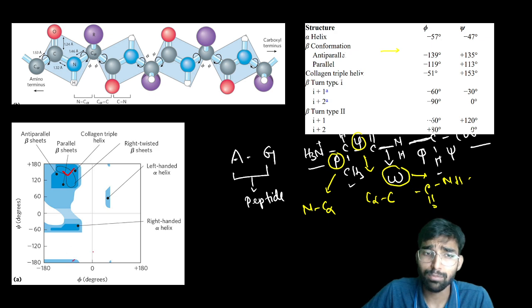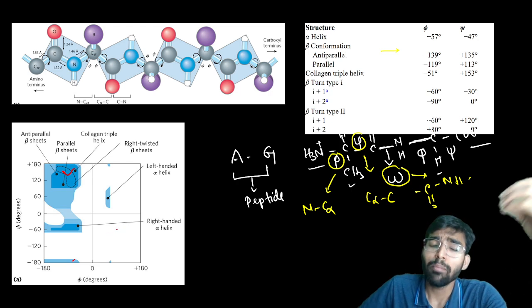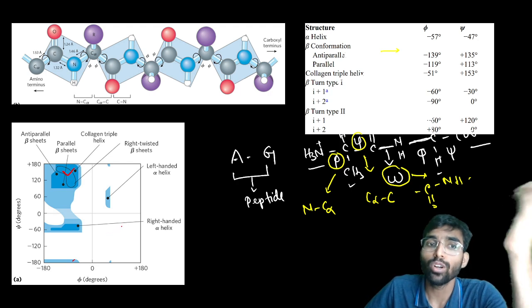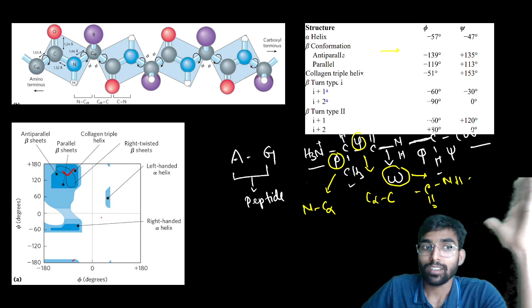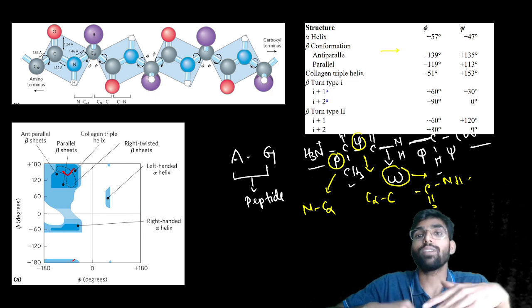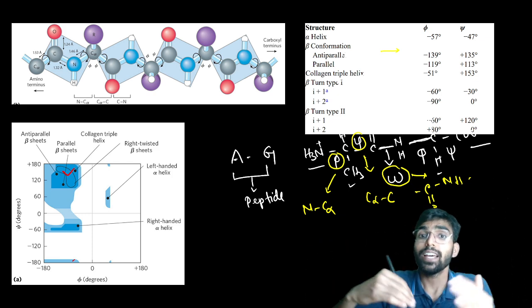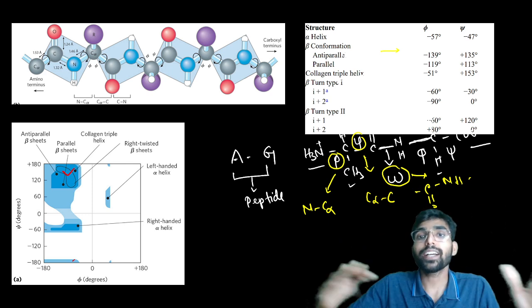The light blue area is also allowed, but some modification should be done to incorporate this particular stretch. So that's the Ramachandran plot. Here the phi and psi values are plotted, and the reason is that steric hindrance will not allow the amino acid to take any kind of phi and psi value.